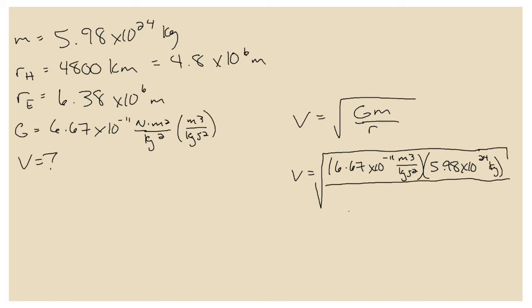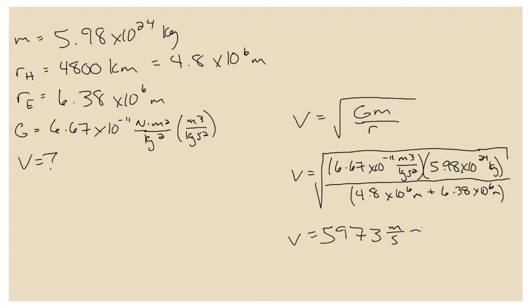And then we divide that by, remember, the sum of those two distances: 4.8 times 10 to the 6 meters plus 6.38 times 10 to the 6 meters. When you plug that into your calculator, you get 5,973 meters per second.